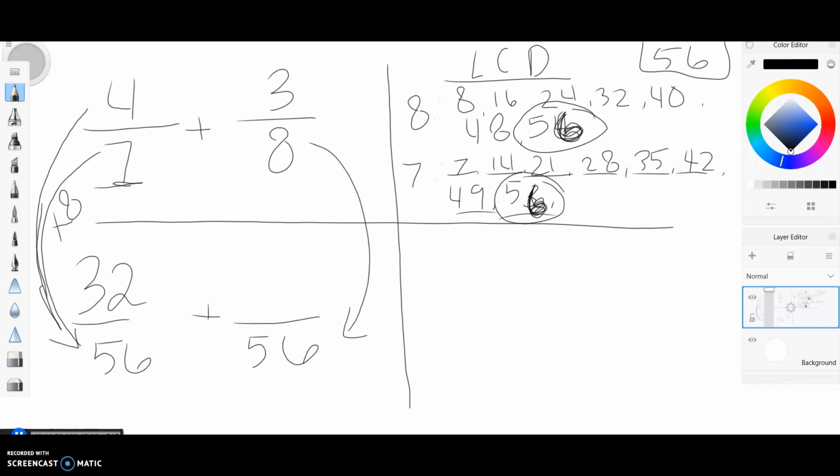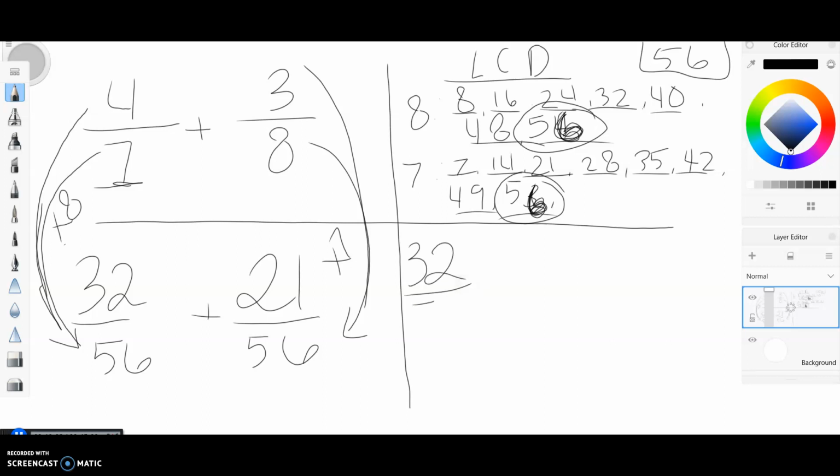So 8 times what got me 56? Well, we had the answer right over here when we did this problem. So it's actually times 7. You could have also counted here and seen it was 1, 2, 3, 4, 5, 6, 7. Either way helps. So 8 times 7 is 56. Whatever you do to your denominator, you do to your numerator. So 3 times 7 would have got me 21. Hopefully you had the same thing on your own.